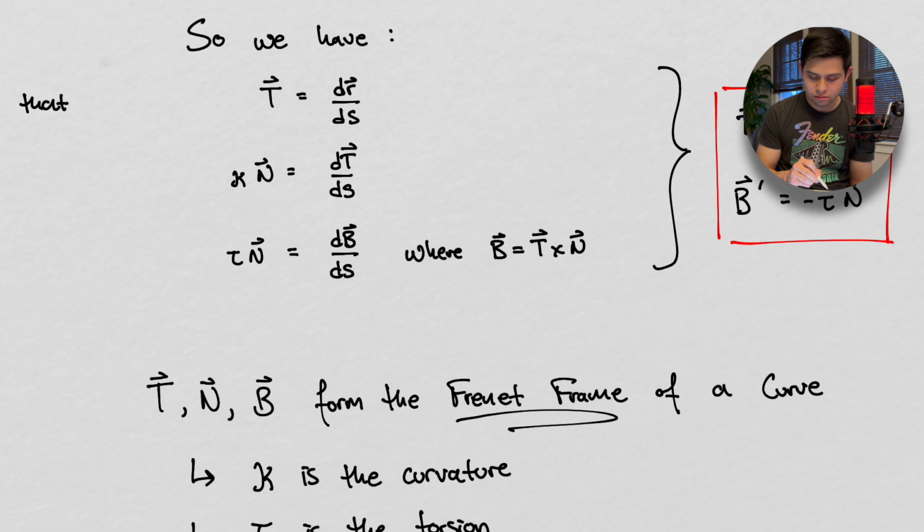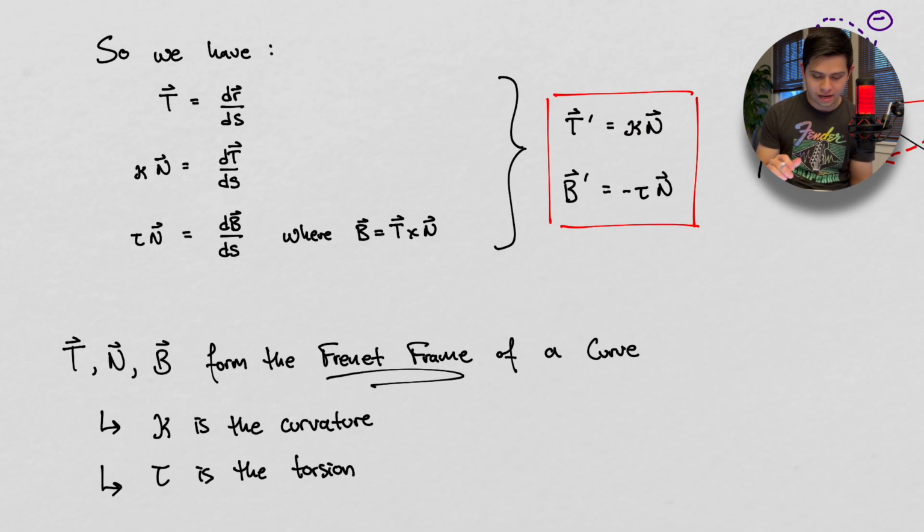So N represents the derivative of two vectors. It represents the change in the tangent and the change in the binormal. And these two scalars tell us something about how N represents the change in both of them, where B again is the cross product between T and N. So we can encapsulate all of this.